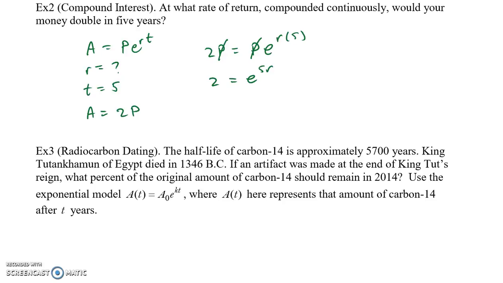This is an exponential equation because we have an unknown in the exponent. e is a constant, the base of the natural logarithmic function, about 2.72.